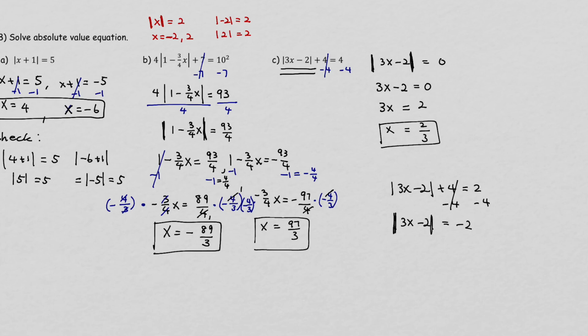Because absolute value can never be a negative number. So in that case, without solving, I know that there will be no solution for x. Because absolute value has to be always positive, never equal to negative. So no matter what x I have, this absolute value can never be negative. So without solving, you should know that it will be no solutions.